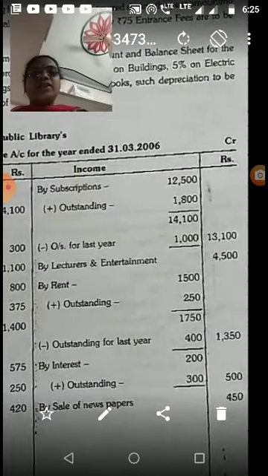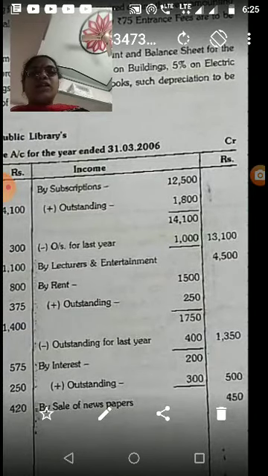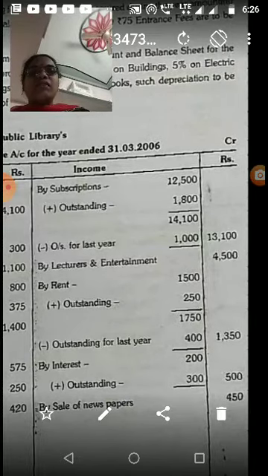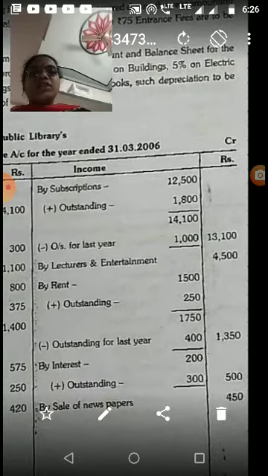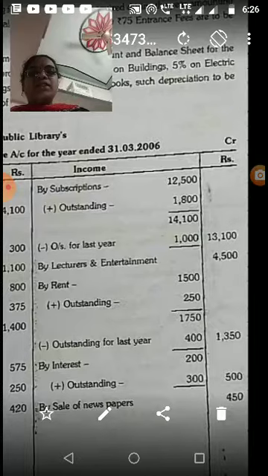Now the credit side is subscriptions 12,500, outstanding 1,800, 14,300, minus outstanding for last year 1,000, 13,300. By lectures and entertainment 4,500.